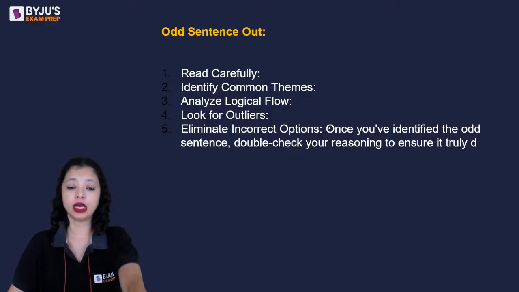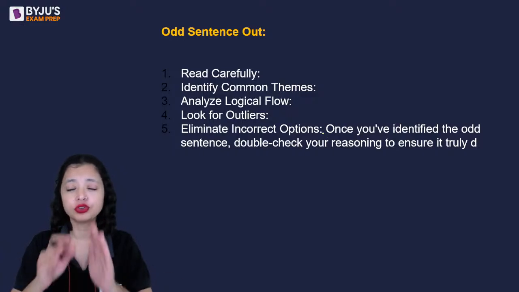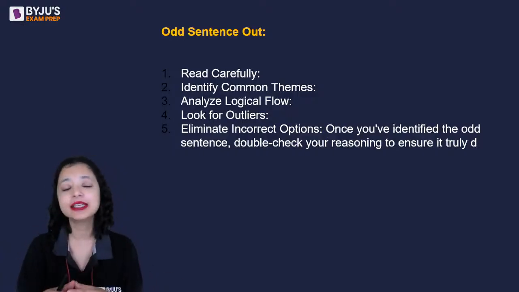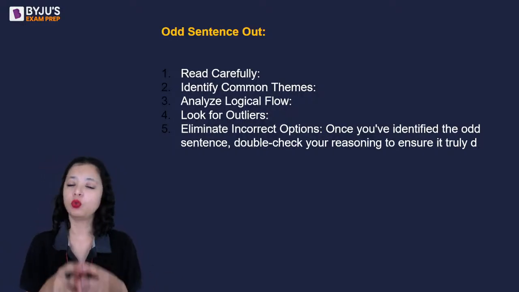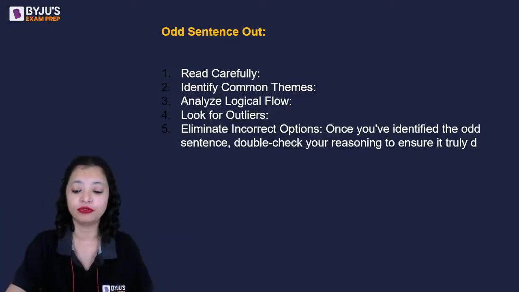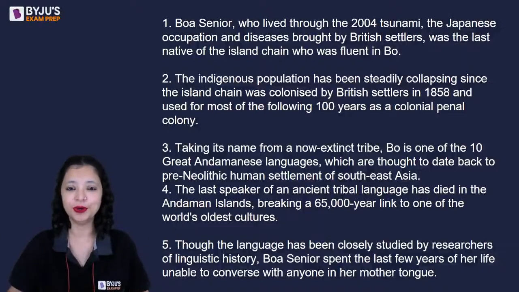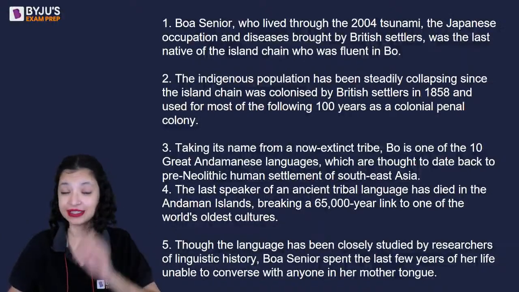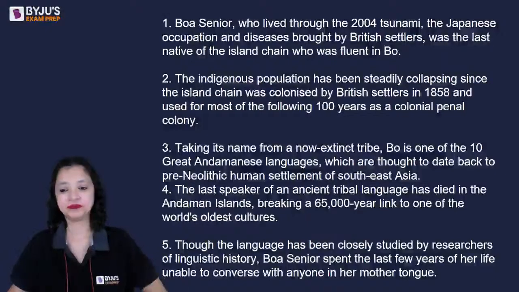So let's now start off with our very first question. I want you to read every statement carefully, make a sequence of 4 statements and find out one statement that doesn't fit into the bigger or the minor theme of the passage. Here you go. Good luck. It's a very easy question. Take your time.